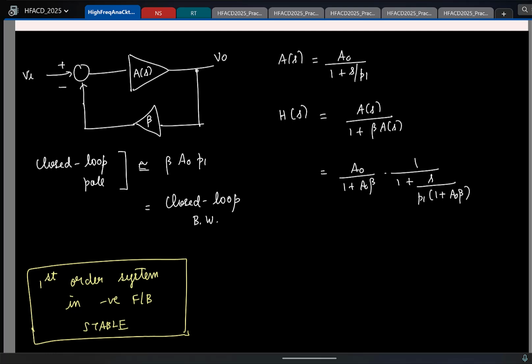So which means now I know that my single stage OTA I can approximate as a first order system, and as we just saw, a first order system, if I put it in negative feedback, it is guaranteed to be stable. So that is one nice plus point about this one. It is guaranteed to be stable.